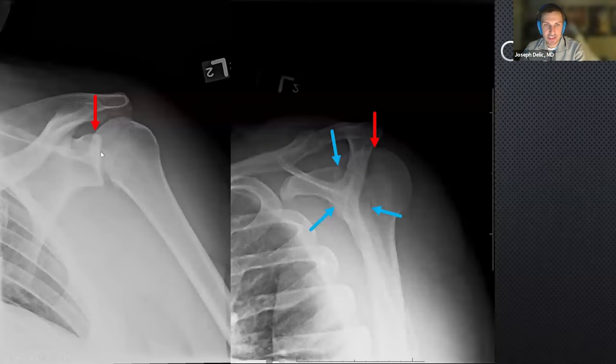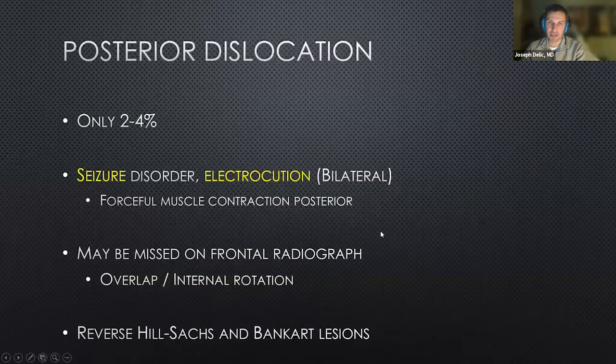8B, you can see in our first image we have this overlap of the humeral head and the glenoid, with the blue arrows outlining the glenoid on our scapular Y view and the red arrow showing that our humeral head is posteriorly displaced and likely impacted on that glenoid. The one interesting thing that I like to talk about is we always hear classically that posterior dislocations are related to seizures and electrocution. Why is that?